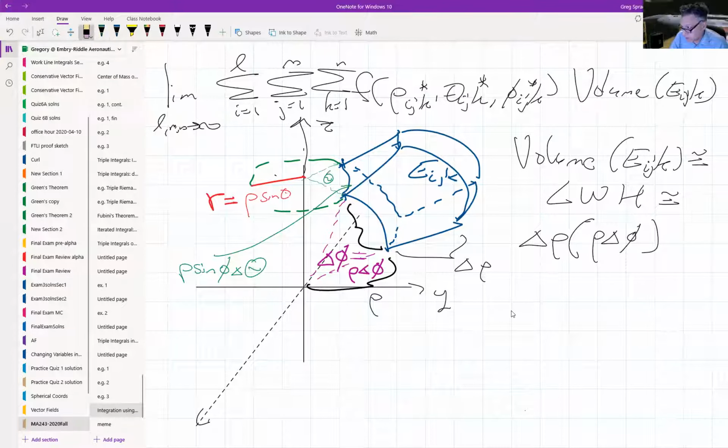There's a typo there. That should be a phi, not a theta. Rho sine phi delta theta.